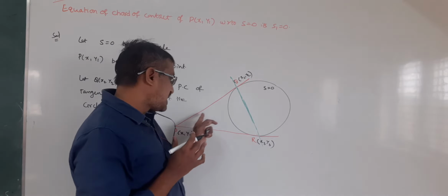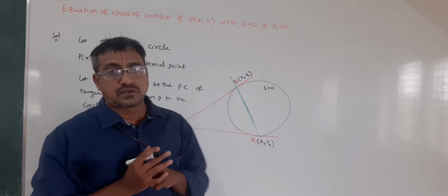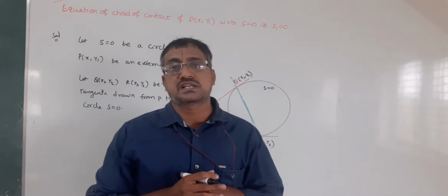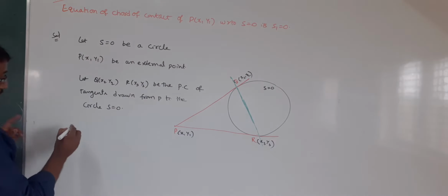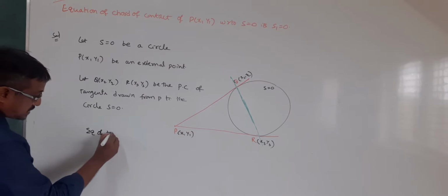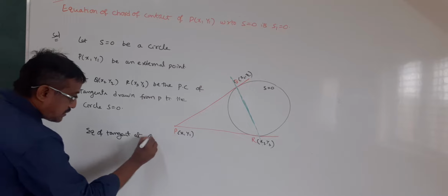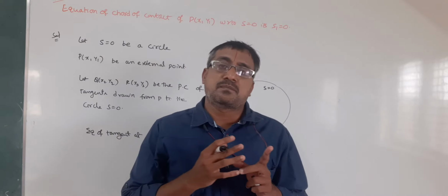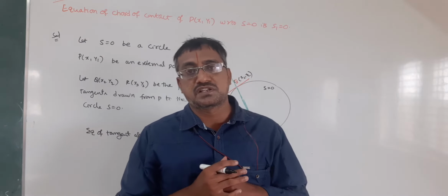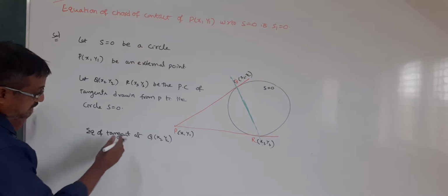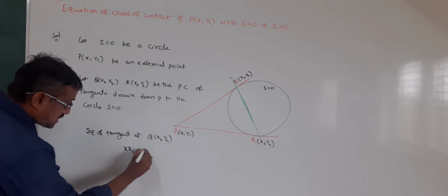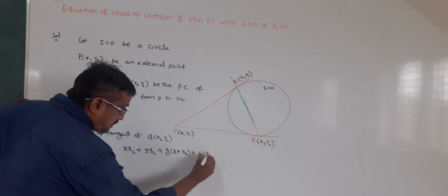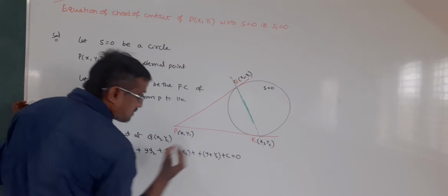Now this is a tangent to the circle at the point Q(x2, y2), and this is a tangent to the circle at the point R(x3, y3). The equation of tangent at P(x1, y1) is S1 = 0. So the equation of tangent at Q(x2, y2) is xx2 + yy2 + g(x + x2) + f(y + y2) + c = 0.